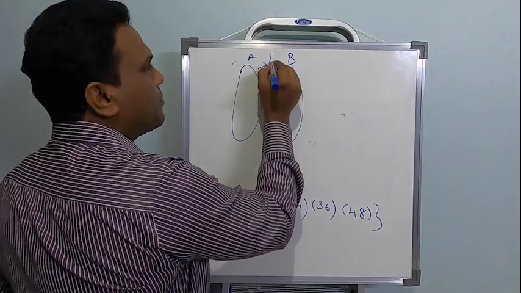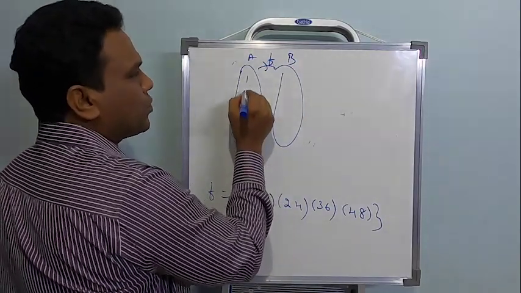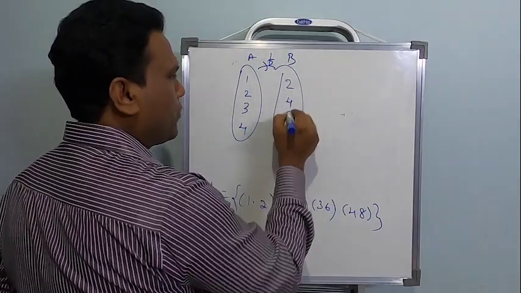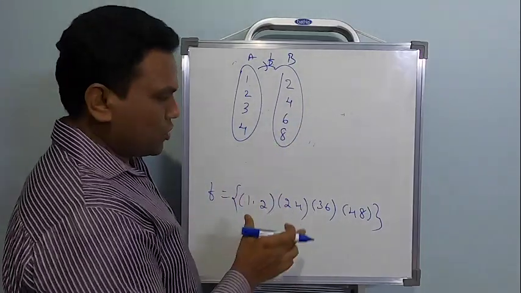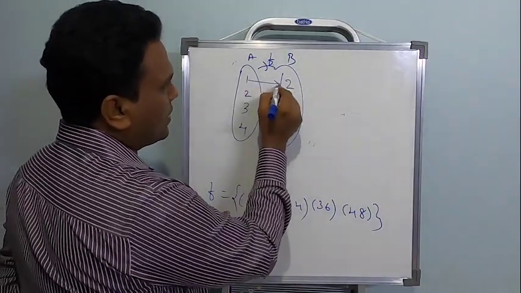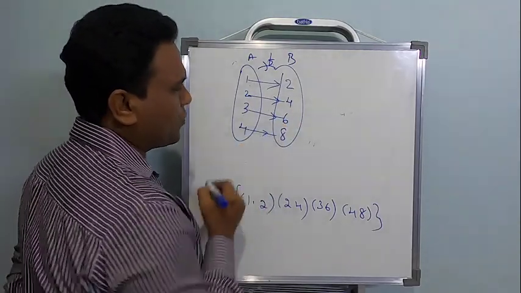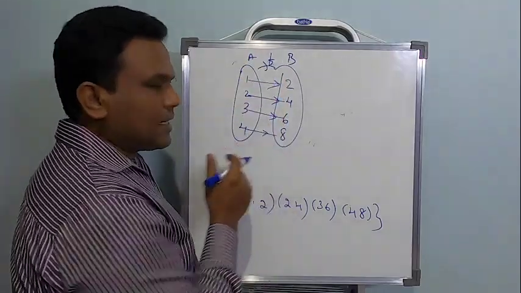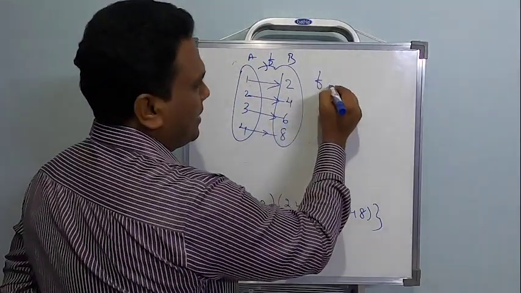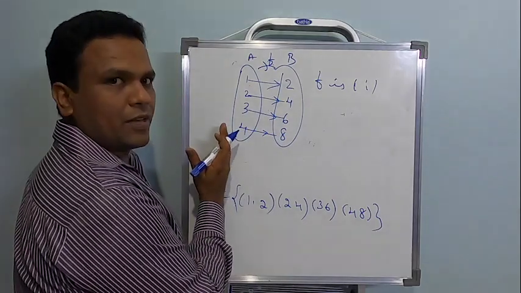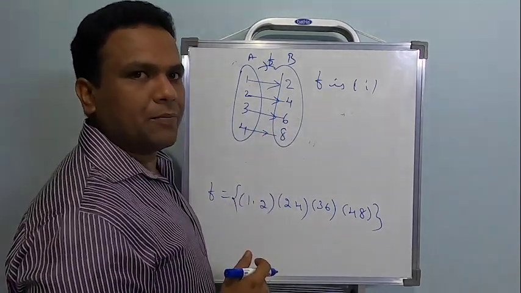Set A, set B, a function f is defined. So 1, 2, 3, 4, and the next is going to be 2, 4, 6, 8. So according to this, image of 1 is 2, image of 2 is 4, image of 3 is 6, image of 4 is 8. By looking at the diagram, you can say that clearly f is one-one because different elements of A have different images in B. Right.